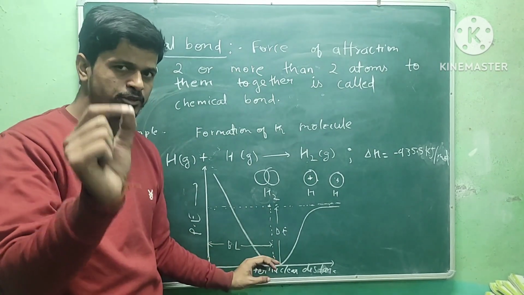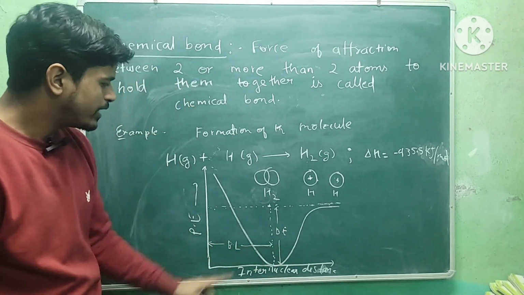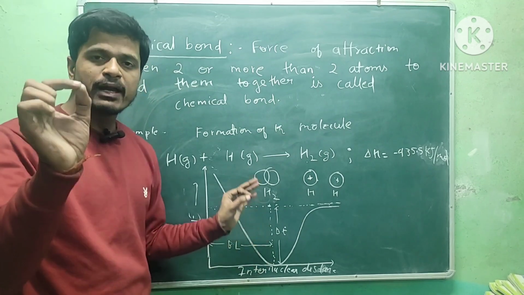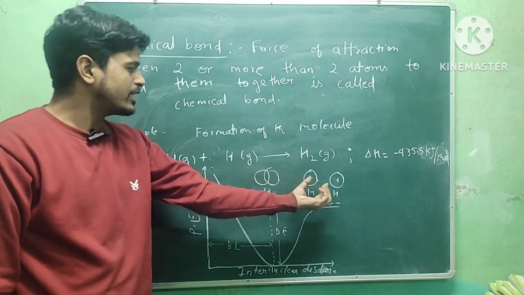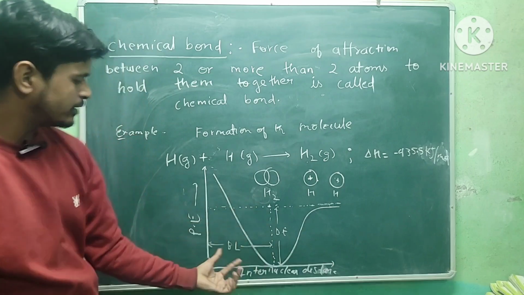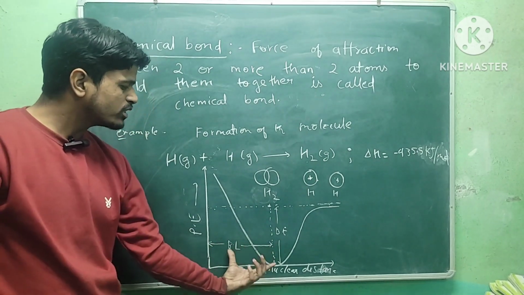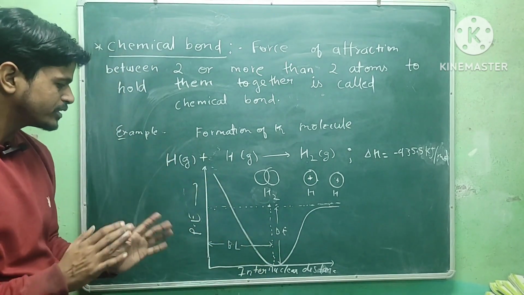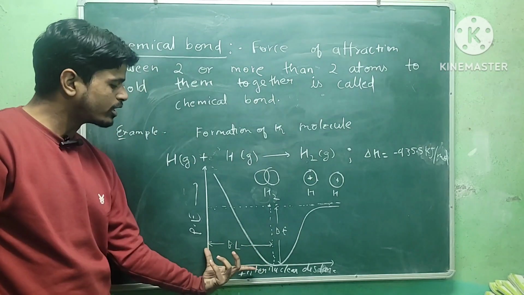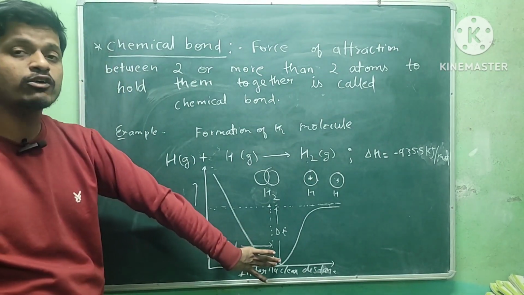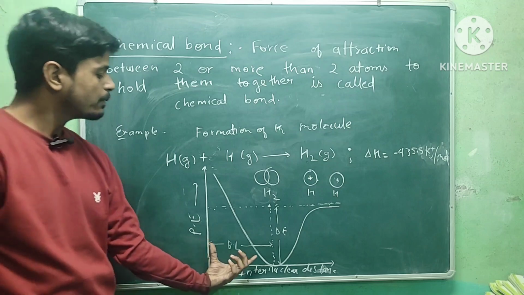At that point bond formation takes place, and that is the maximum stability which atoms can achieve. That internuclear distance is referred to as the bond length.